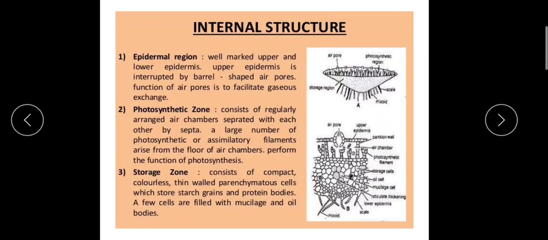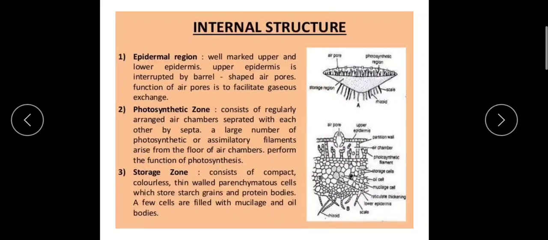The upper epidermis protects the internal photosynthetic region, and we can also see the presence of certain pores that we mentioned in the morphological part. It is represented as polygonal pores from the dorsal view, and that is actually seen here. This is the air pore.